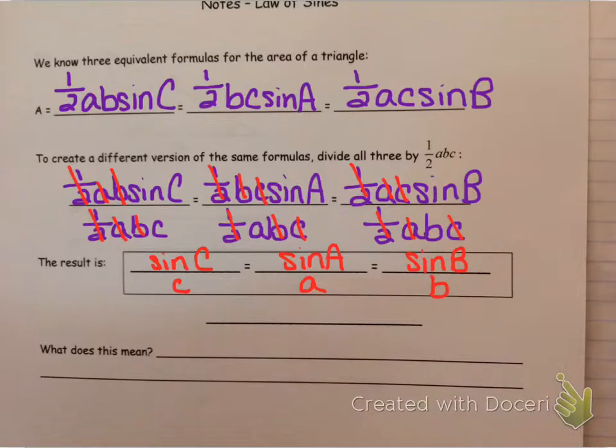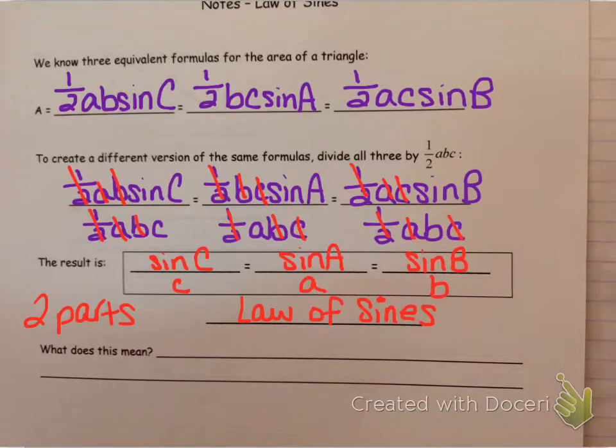Now, this is the law of sines, but it's the law of sines with all three versions set equal to each other. We only ever do two parts of it at one time.